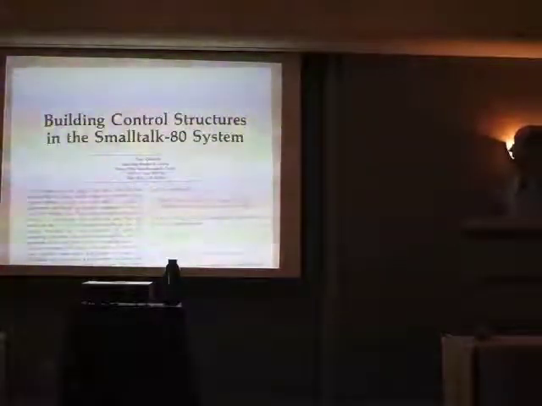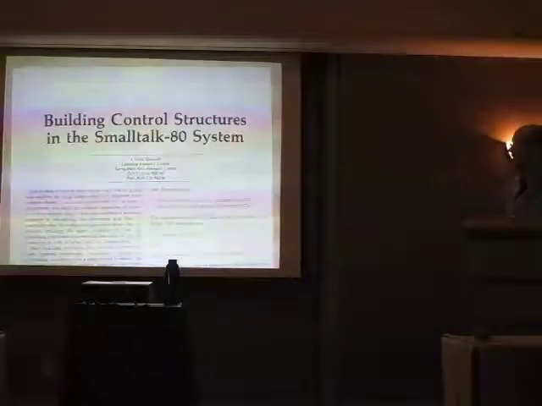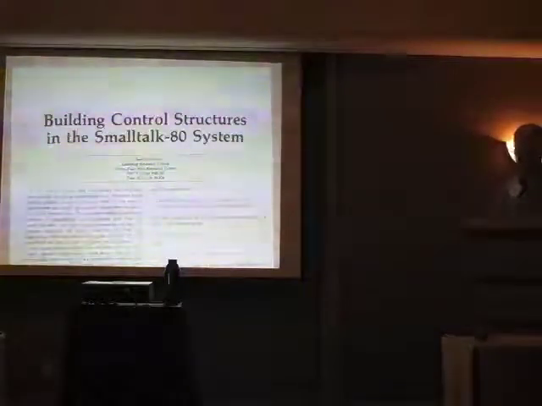Peter Deutsch wrote this article about control structures, and here are some of the weirdest, freakiest things you can do in Smalltalk that were covered in the Byte issue. Talks about the block.